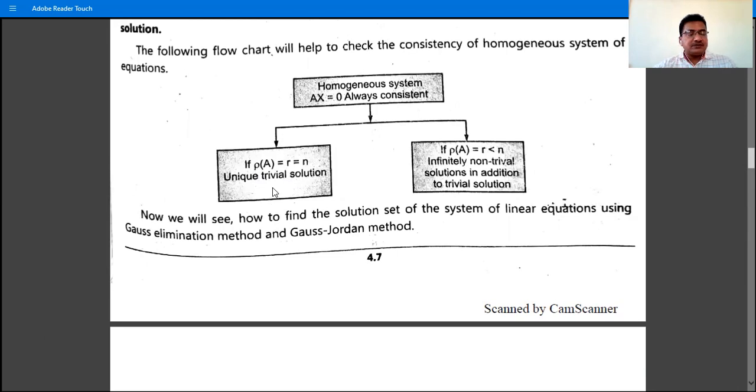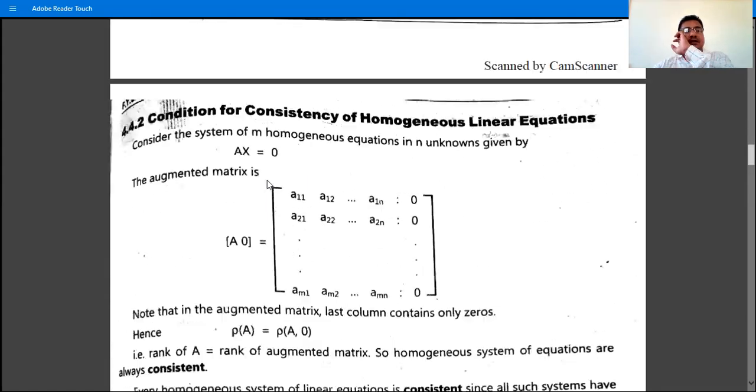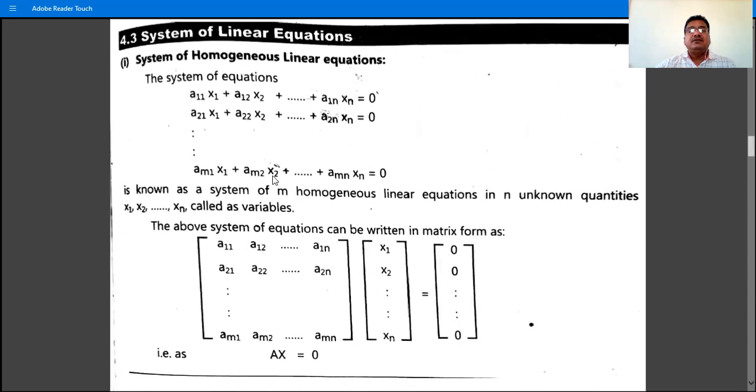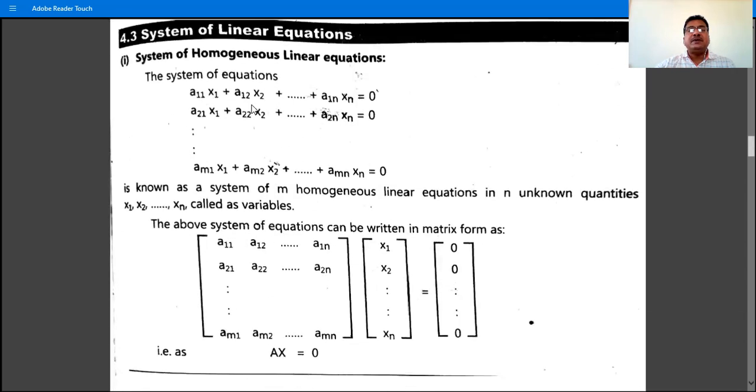That is, suppose x1, x2, ..., xn are variables, then the values x1 = x2 = ... = xn = 0 are called the trivial solution. If you observe the homogeneous system and substitute 0 for x1, x2, ..., xn, then the first equation is satisfied. If you substitute the same in the second equation, it is also satisfied.